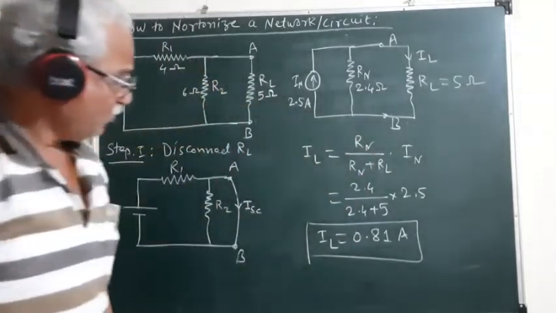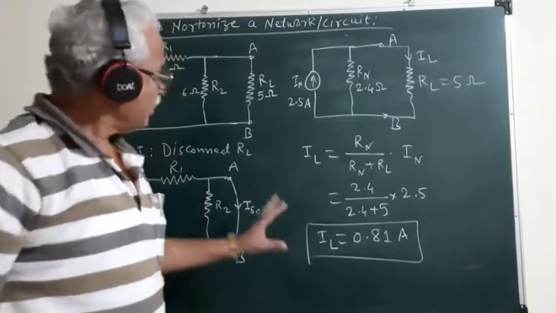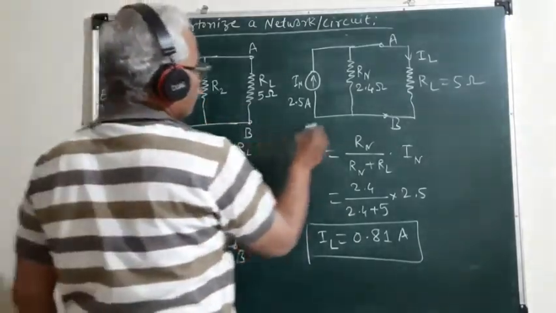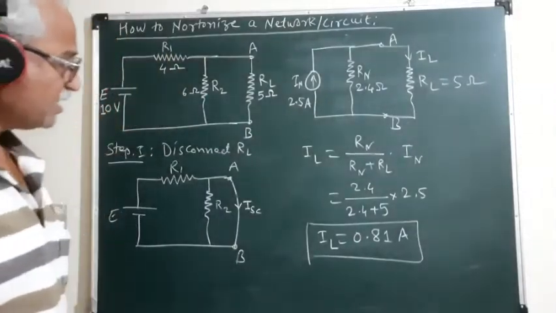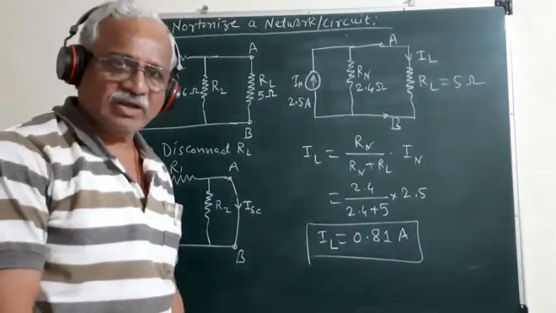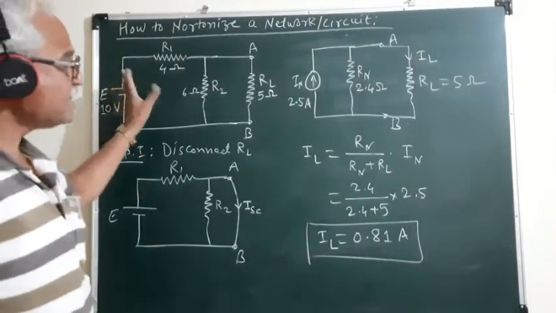So that is how we can find the current flowing through the load resistance, and that is what we want to obtain. That is how we can Nortonize a given network.